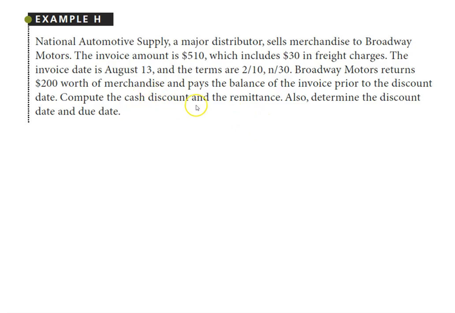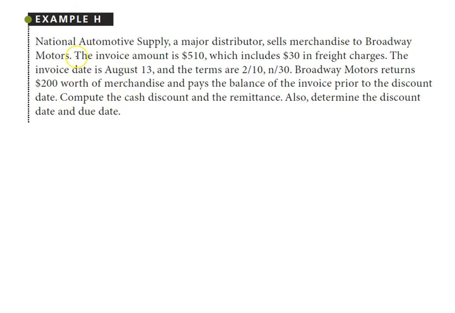So we're going to calculate the cash discount as well as the remittance. And then also we're going to find the discount date and the due date. So we want to see when the discount period ended as well as when the final bill was due.